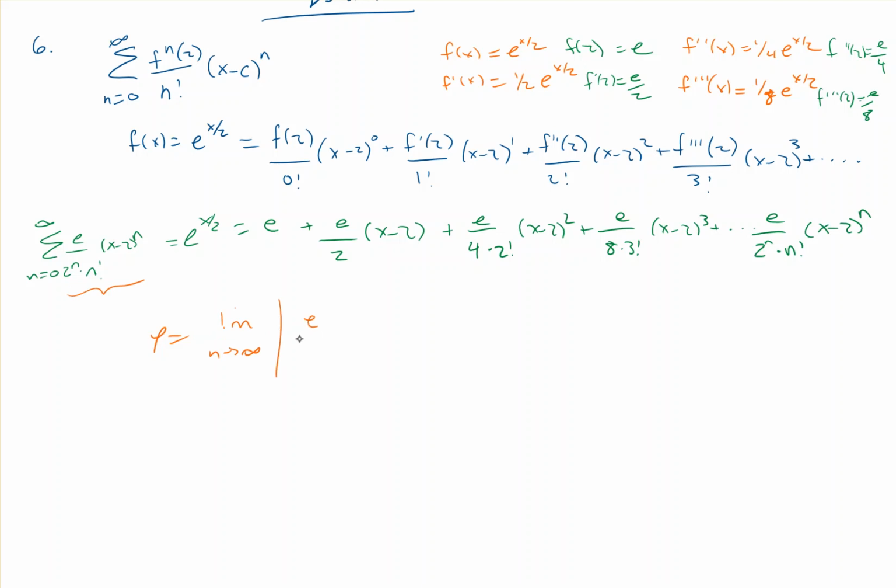We're going to have e over 2 to the n plus 1 times n plus 1 factorial times x minus 2 to the n plus 1, multiplied by the reciprocal, which is going to be the 2 to the n goes here. And down here, we get that x minus 2.